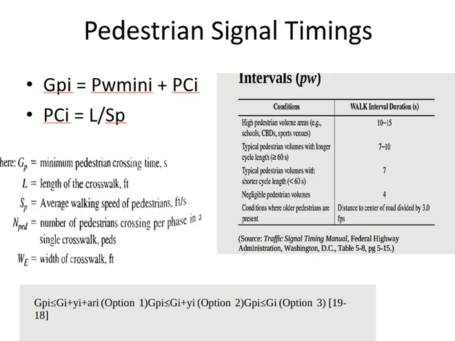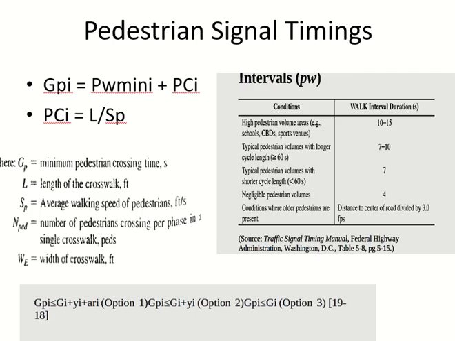Make sense? Too many pedestrians, we need more time, right? And the intersection is long, I need more time to cross. So that's why you see high volume areas and long intersections need more pedestrian time. So this is for PW, pedestrian walking time.